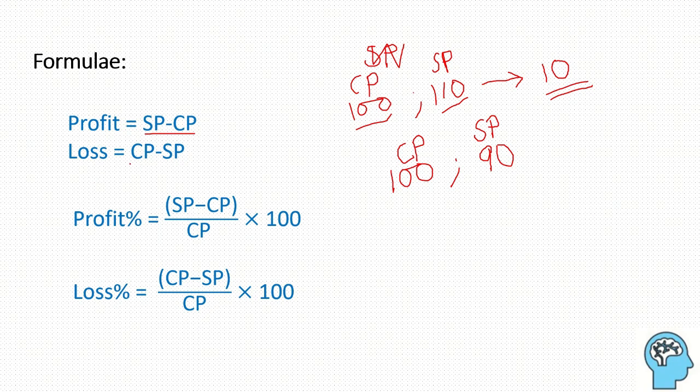That means you are getting loss. You bought it for 100 and sold it for 90, so you got loss. Okay. So loss is calculated by the formula CP minus SP, cost price minus selling price.